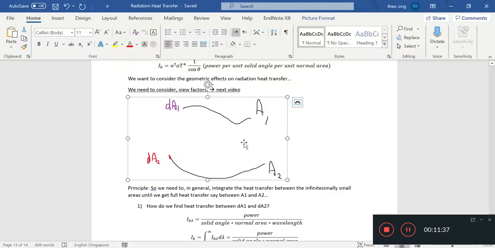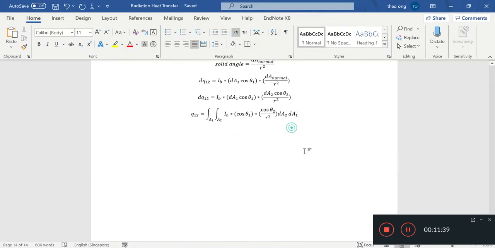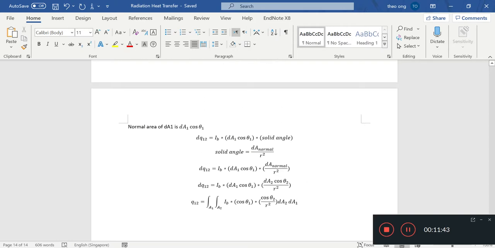So the tricky bit of integrating this is that cosine theta 1 and theta 2 will differ, and r squared will also differ. But this is, at least in theory, how you would do it.